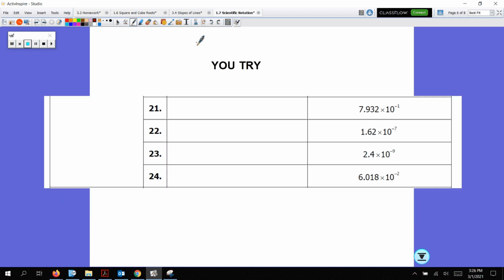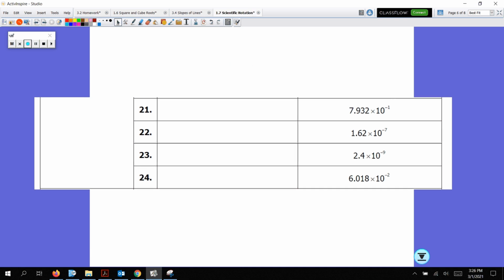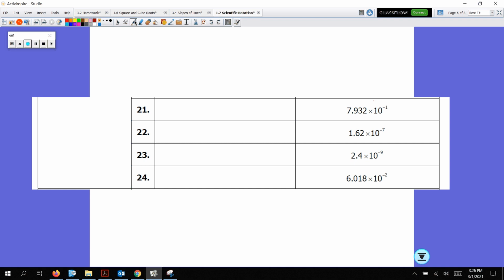All right, a couple more. I know I said you try here, but I'm going to change my mind. We're all going to do this together. So, negative exponent means it's a small number. I got to make it even smaller. We're moving this way. So think about the opposite. When we convert a standard number, we know the big numbers, we're always going to move our decimal to the left, right?